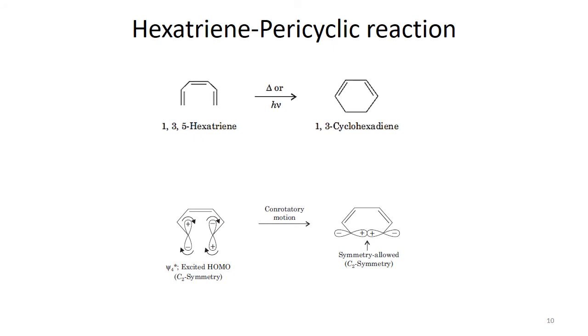But in case of photochemical reaction of 1,3,5-hexatriene, it can convert to 1,3-cyclohexadiene, but in this case conrotatory mode of action takes place, and here psi 4 star is the excited HOMO. The C2 symmetry can be maintained or preserved when it undergoes conrotatory motion, and symmetry allowed product 1,3-cyclohexadiene is formed.